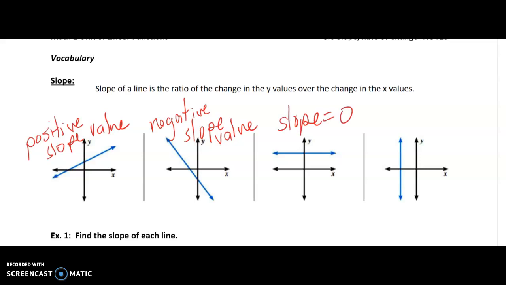And with this last graph, the line is straight up and down, vertical. For a line like this, we say that the slope is undefined. We're going to get to some examples of how we calculate these values and how these outcomes come about in determining the slope.